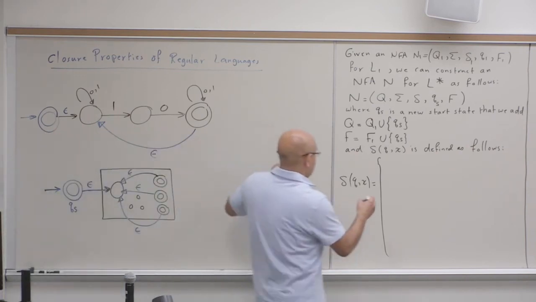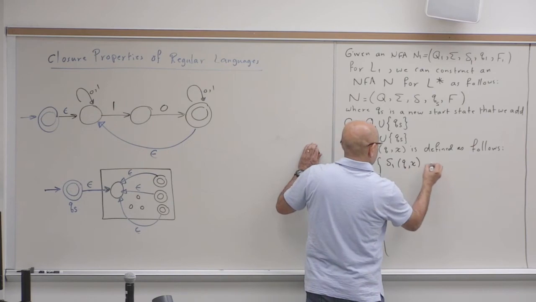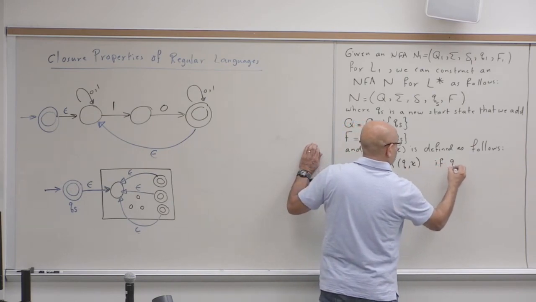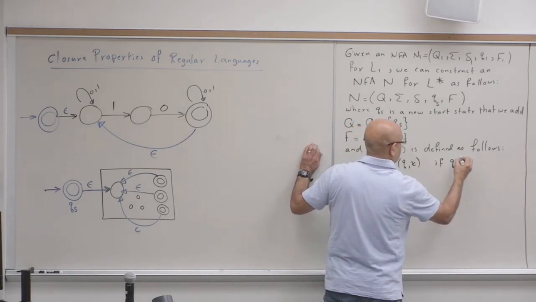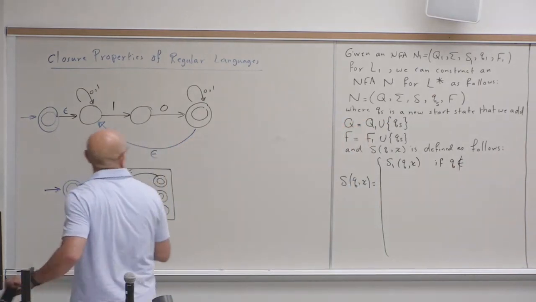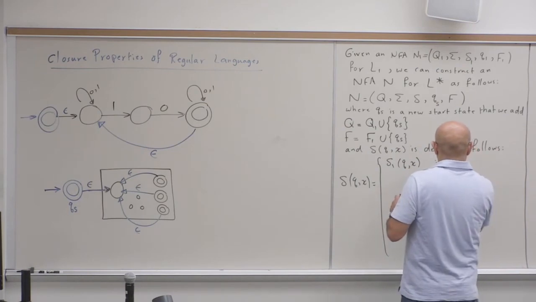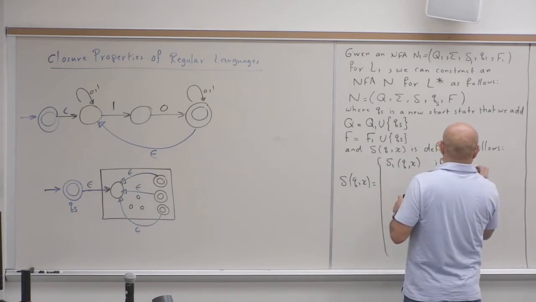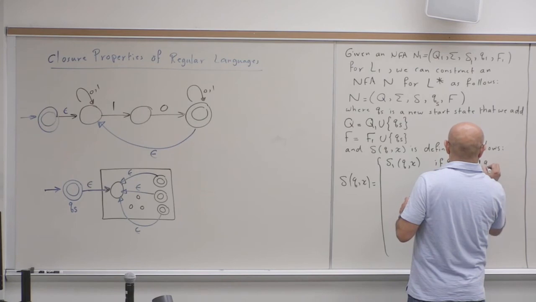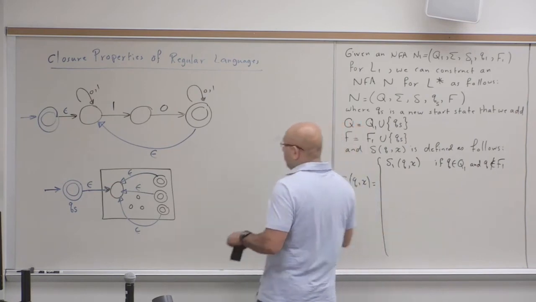So it's going to be delta 1 of Q and X if Q belongs to Q1 but does not belong to F1. Now what if Q belongs to F1?